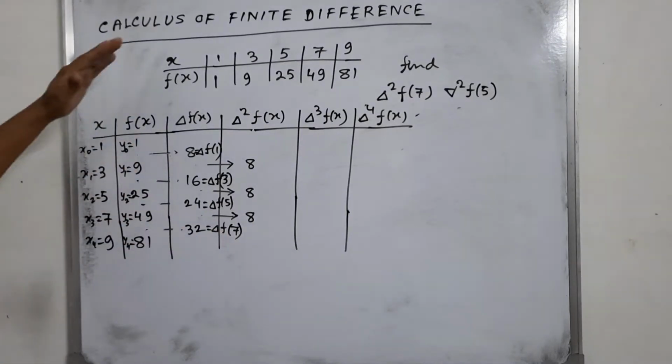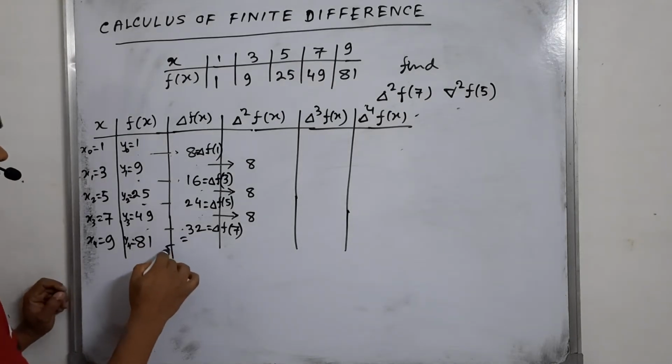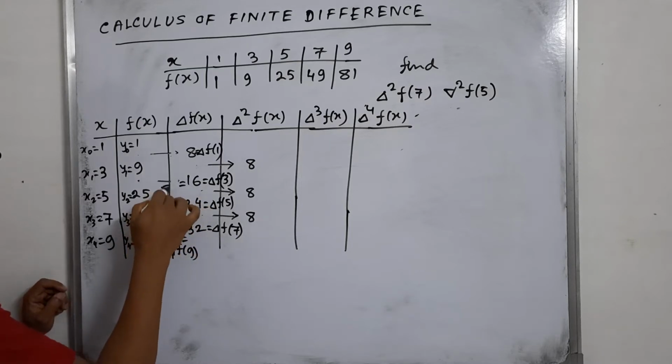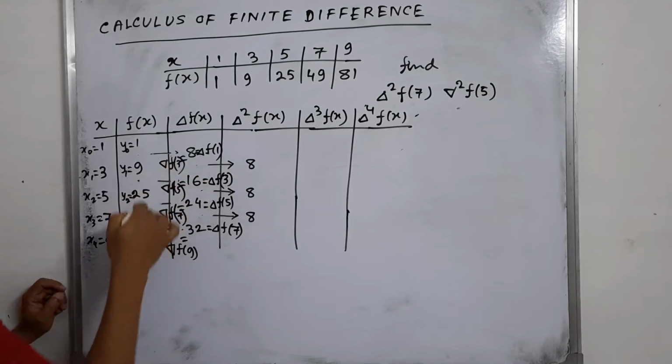And from the lower part, this 32 is equal to nabla f9. This 24 equals nabla f7. This 16 equals nabla f5. This 8 equals nabla f3.